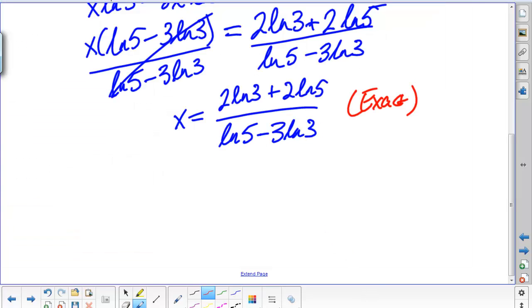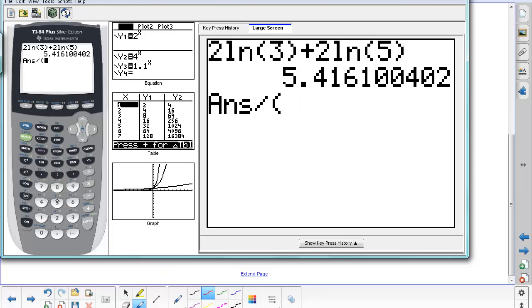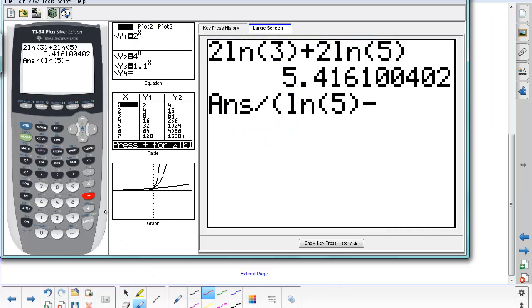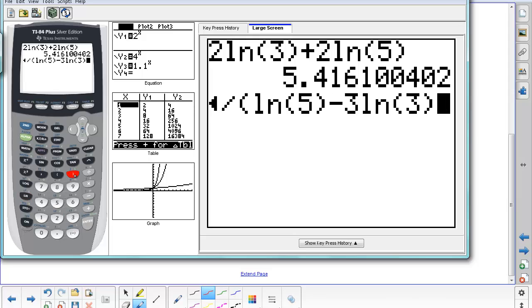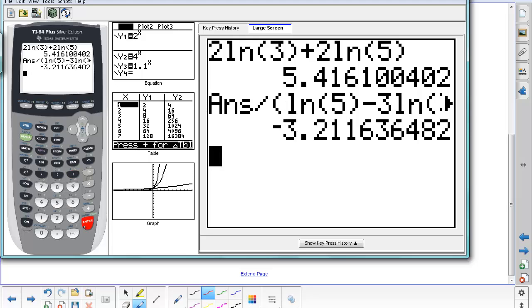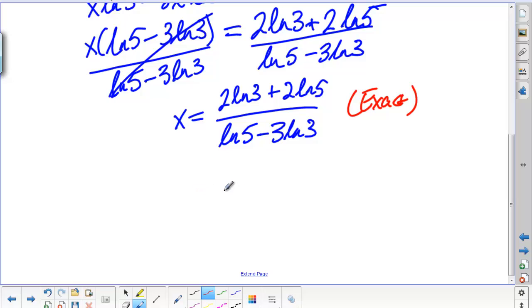Natural log 5 minus 3 natural log 3. It's going to look like this. So we get negative 3.212. And that's the decimal.